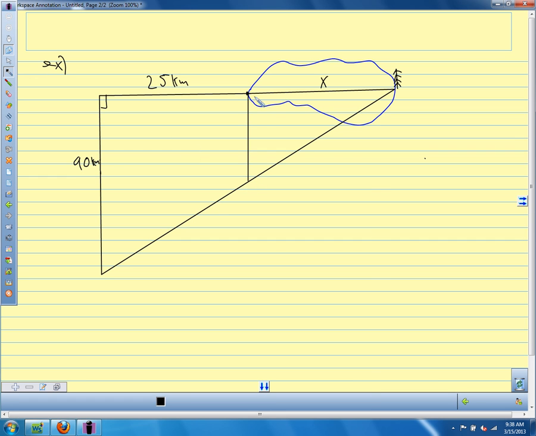And this is a 90-degree angle also. They laid out the roads next to this lake really very symmetrically. And so now you drive along this road until you reach this line of sight here, and you've driven 75 kilometers.